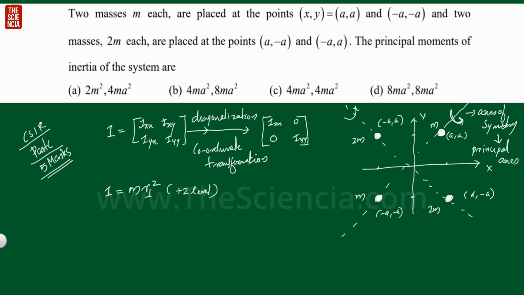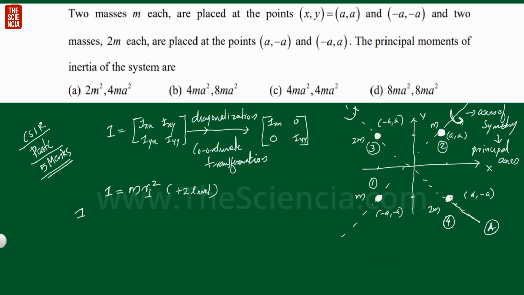Right. Here you can see there is one body, here another body, a third body, and a fourth one. First I am going to calculate I about this axis. I call it the A axis.